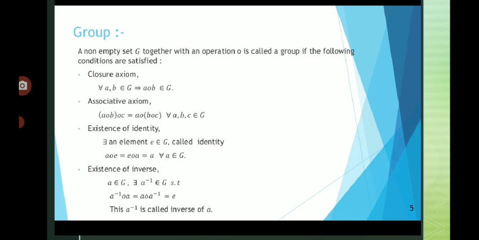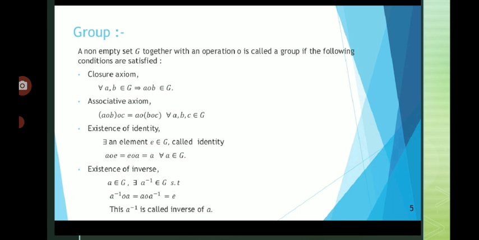The first one is the closure axiom: for every two elements A, B in G, A circle B is also an element of G. That property is called the closure property. Second, the associative property: for every three elements A, B, C in G, (A circle B) circle C equals A circle (B circle C). This property is called the associative property.